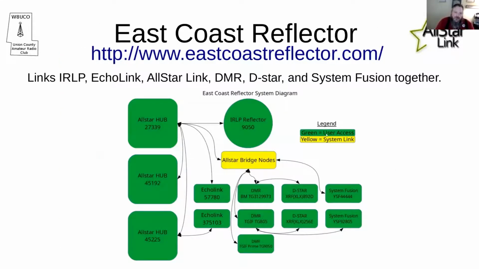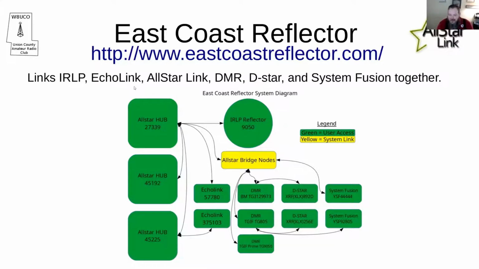The East Coast reflector links IRLP, Echolink, Allstar Link, DMR, D-Star, and System Fusion together. And there's their system diagram. It looks like they have 2 Echolink nodes. They're connected to 2 different DMR networks, Brandmeister and TGIF.